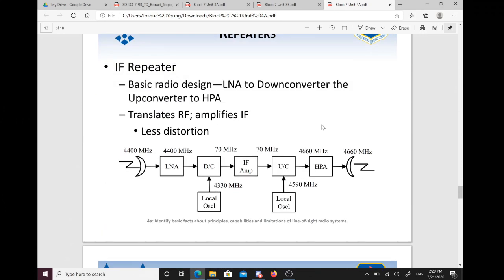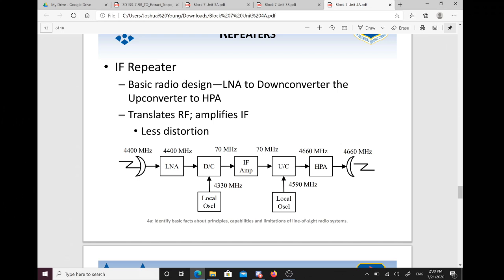So in an IF repeater, we get a little bit more involved now. It uses a basic radio design, so an LNA to down converter, then an up converter to an HPA. So it translates your RF being received down to, as you can see here, a 70 megahertz IF specific signal.